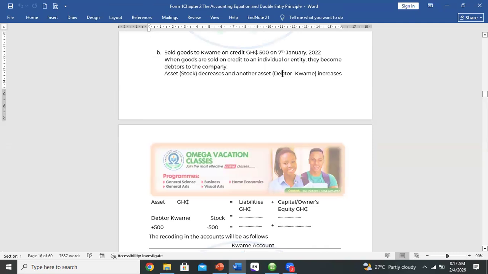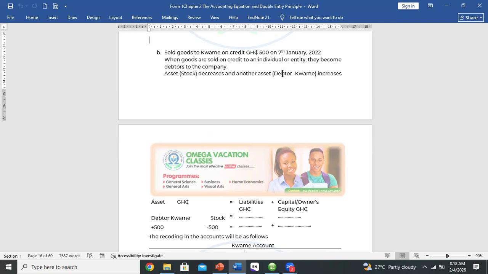So you recognize that person as a debtor for the sale of goods. And that debtor is an asset. In accounting, debtors are assets. So if you sold goods to somebody and the person didn't pay and becomes a debtor, the balance on the debt will increase. So the asset debtor would increase.